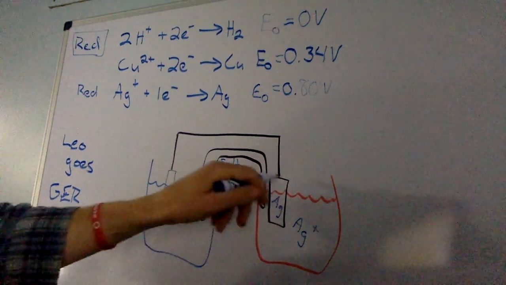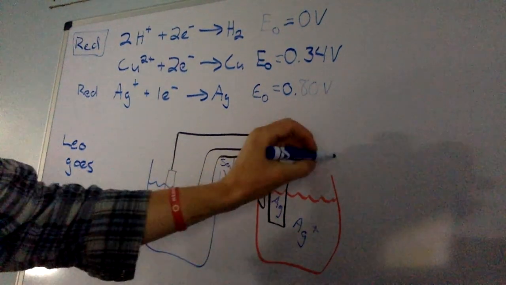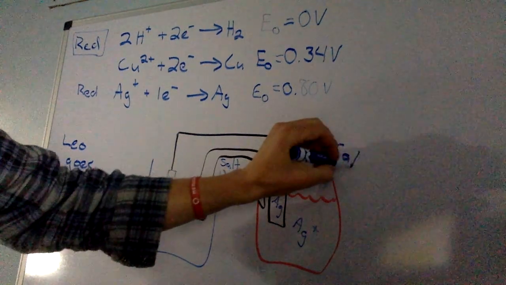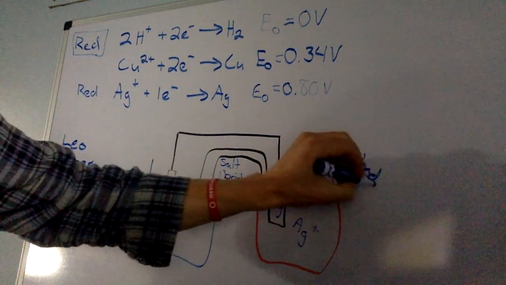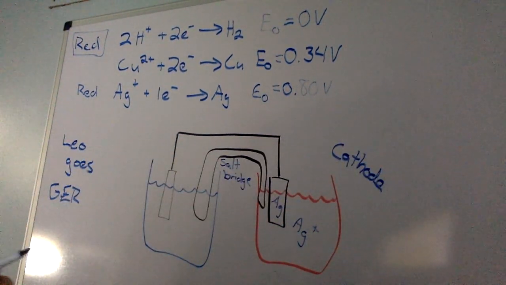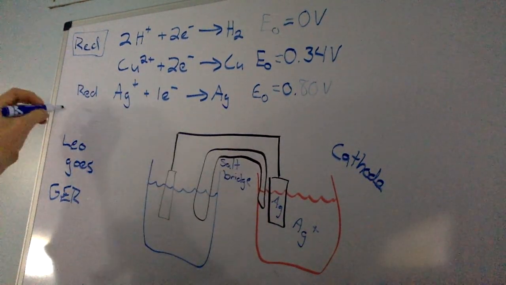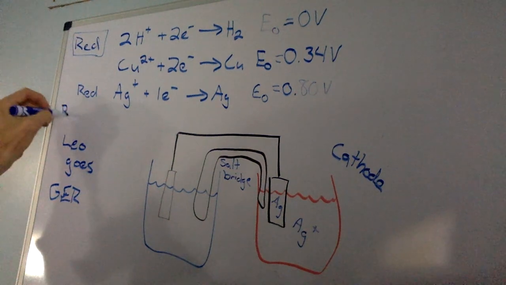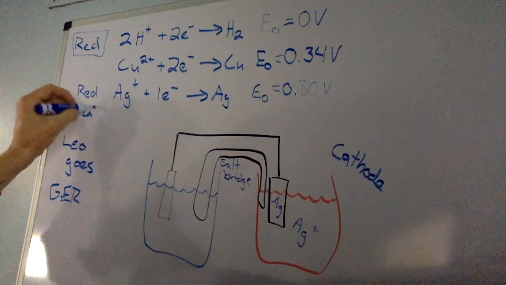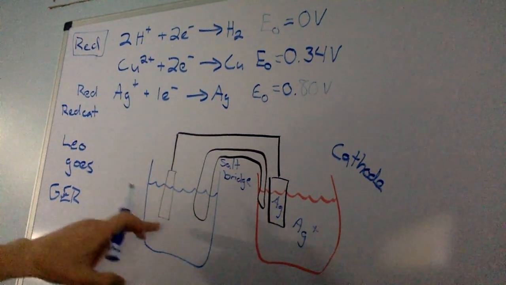I'm going to call this side the cathode. The cathode, how am I going to remember that? Well, I have a red cat. So I'm going to say that I have a red cat.